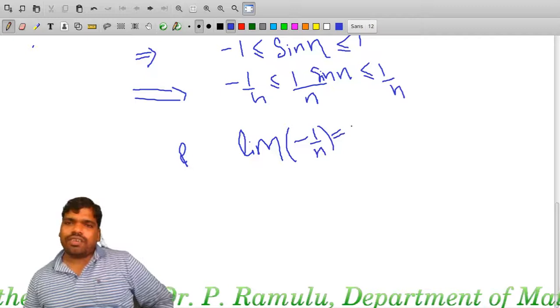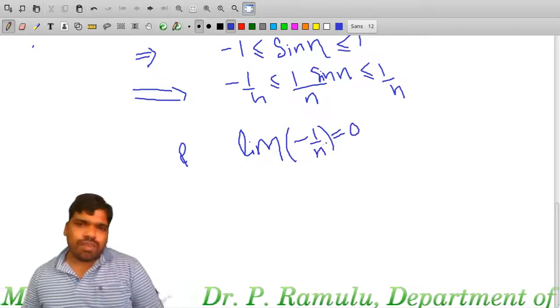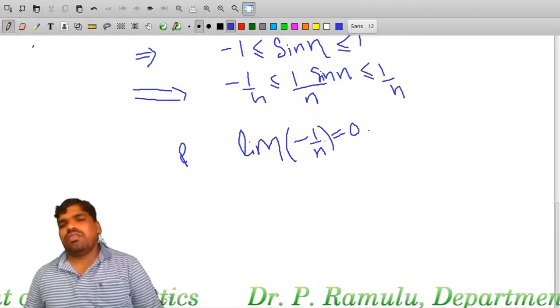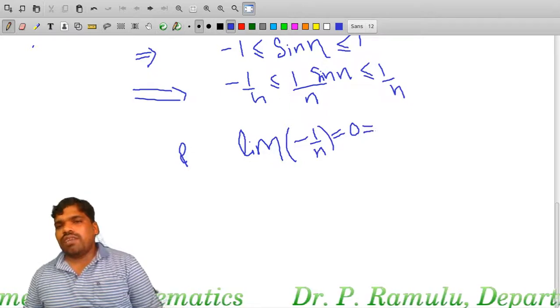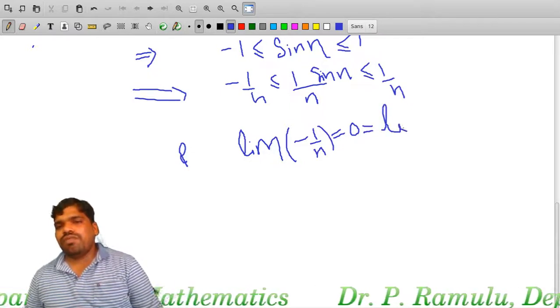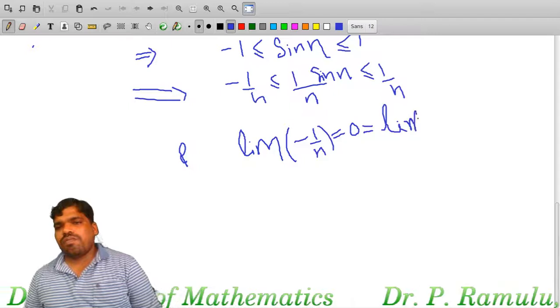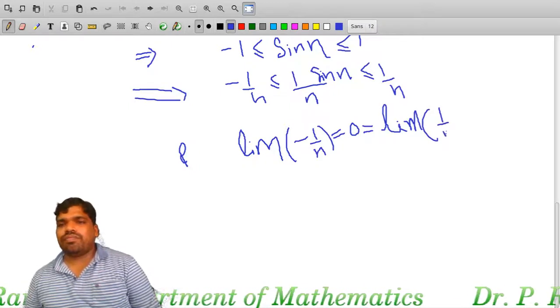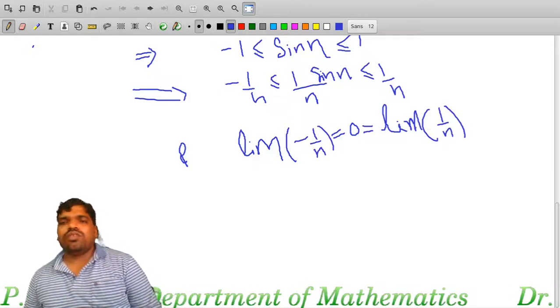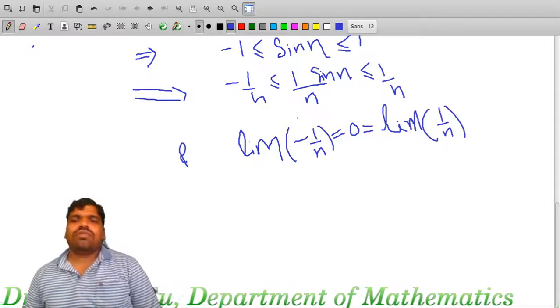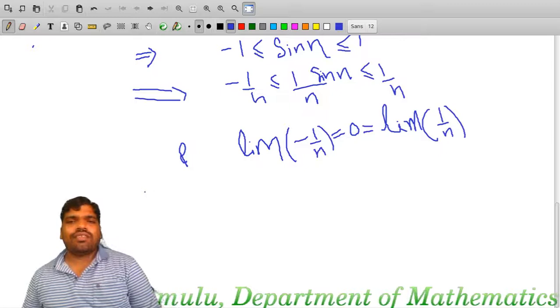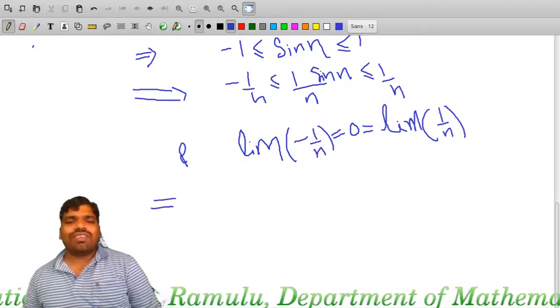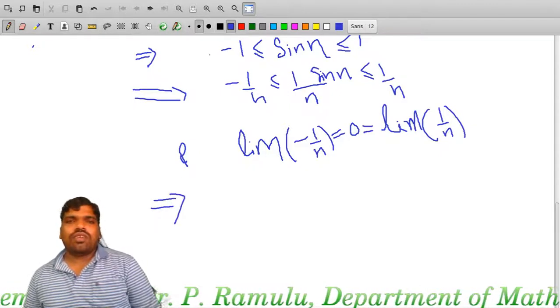We know that lim of 1 by infinity equal to 0, and already we know that limit of 1 by n is 0. Both are 0, which implies by squeeze theorem, right?